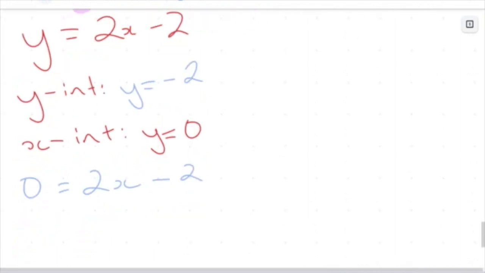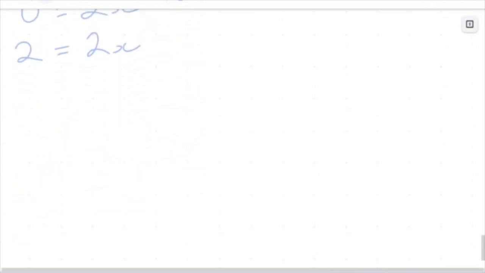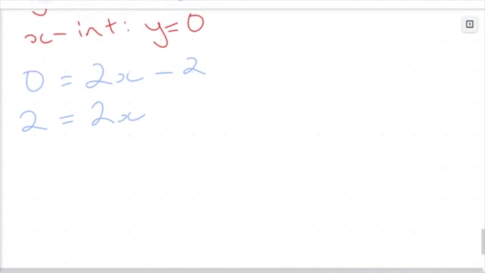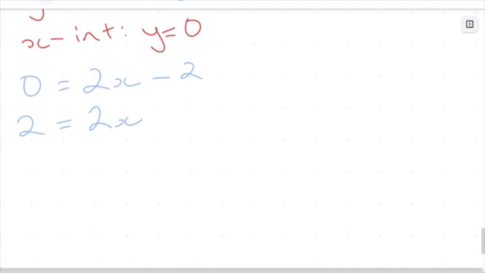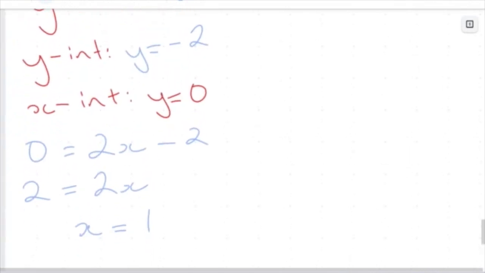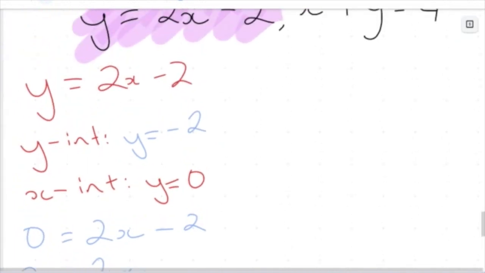And I want to solve this equation. So I'm going to add 2 to both sides to bring this 2 over to the other side, and I get 2 equals 2x. So what value of x satisfies this equation? Well, 2 times what gives me 2? That what is 1. So x is going to equal 1. So I have my x-intercept and my y-intercept.